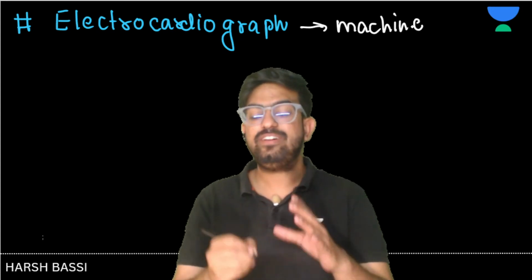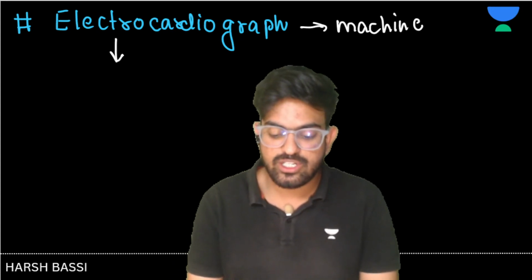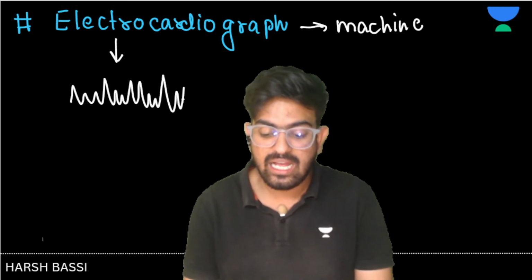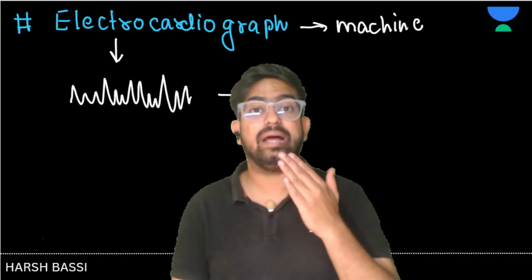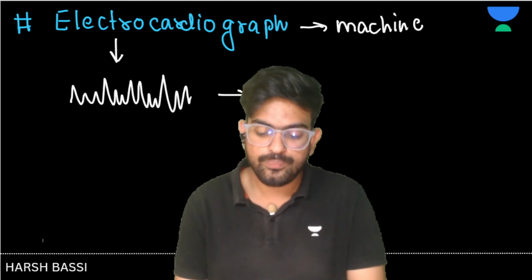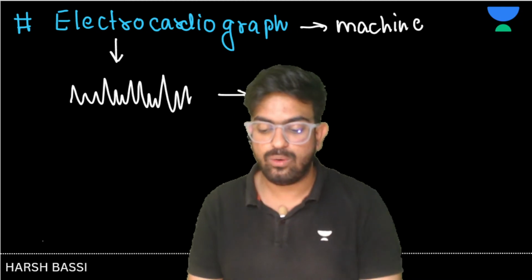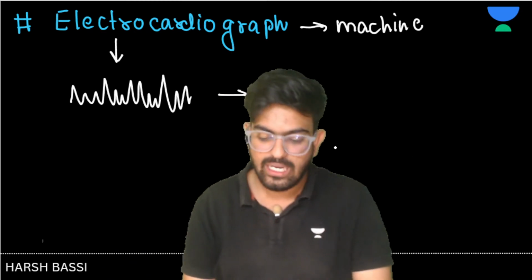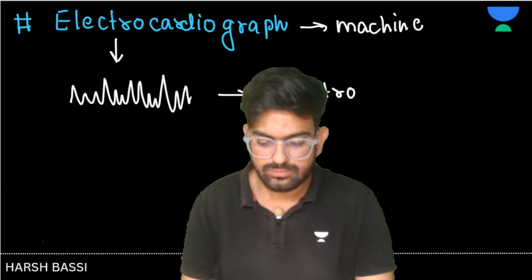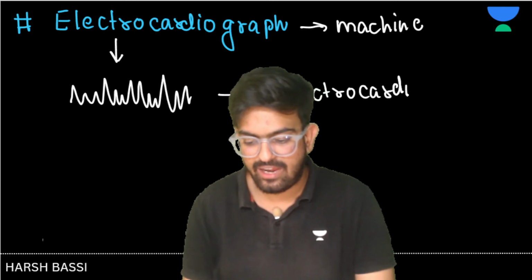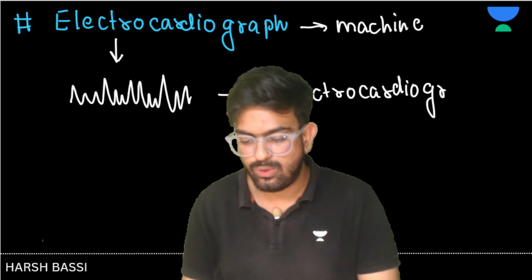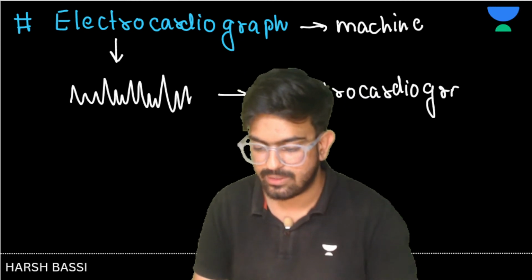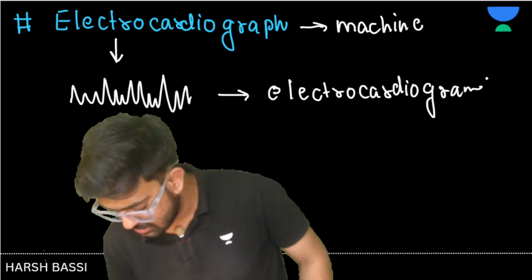And this machine produces something on paper, this type of thing, and this is known as the electrocardiogram. Here it is reversed: people call the graph a gram and the gram a graph, right? Electrocardiogram. Clear? Any doubts?